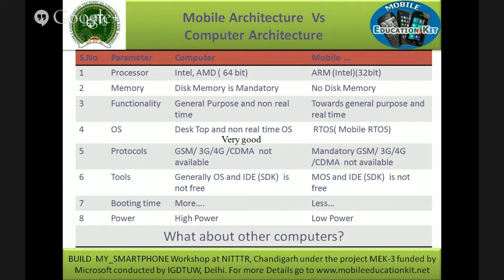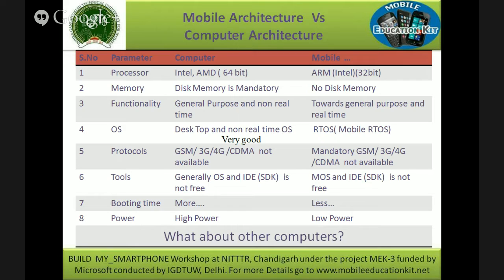Yes. There is the answer for somebody. What are the differences between computer architecture versus mobile architecture? So in summary, the processors, if you look, Intel and ARM. Intel is basically 64-bit. I'm sure recently some 64-bit processors also came. This slide I built in 2013 or 14, but I just added those.